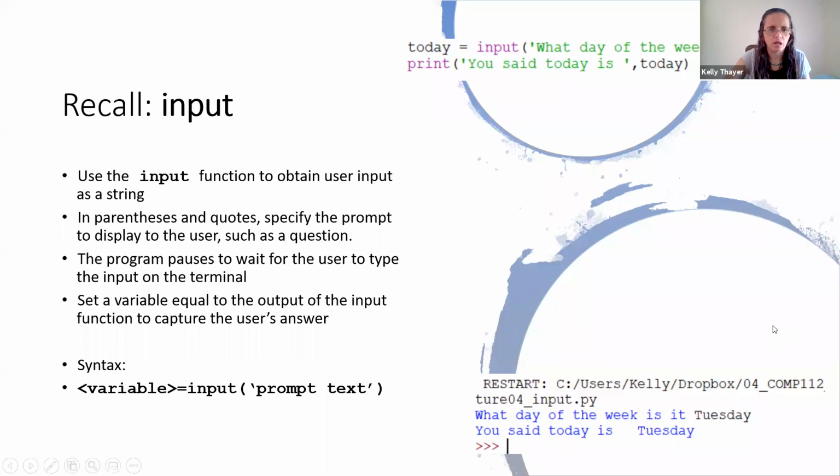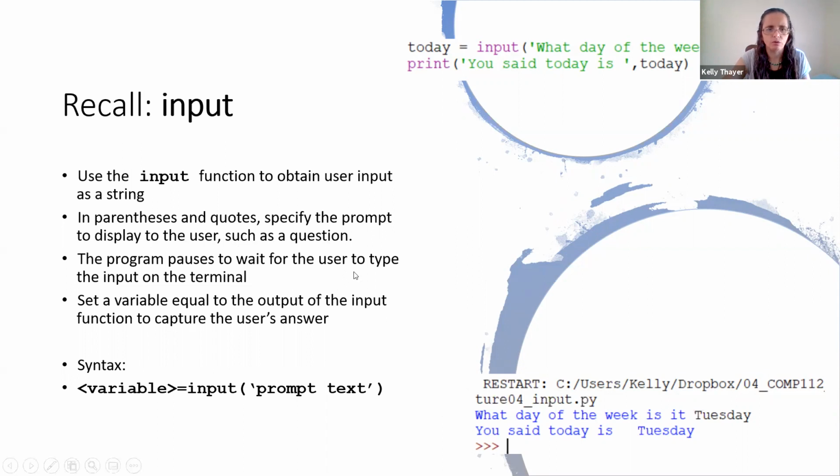In parentheses and in quotes, you specify the prompt to display to the user so they'll know what they need to type. If the program stops running and you don't have a prompt there, the user isn't necessarily going to know that you want them to type something. So that's why we have to have the prompt with the input, so that it will display that, and then the user can type something.